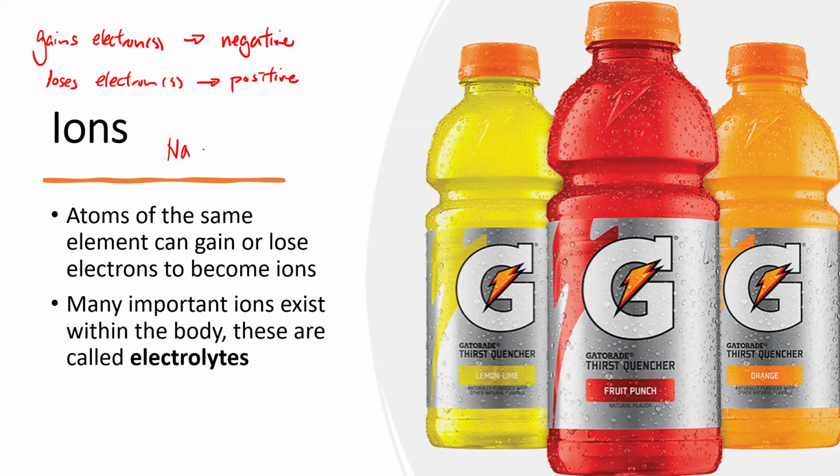Yeah, Na. When sodium loses an electron, it becomes Na plus. Okay. When chlorine gains an electron, it becomes Cl negative. Right? Other things would be like potassium can become potassium plus. So all these things that gain or lose electrons, they become an ion.